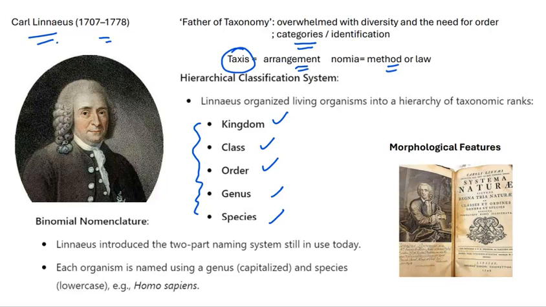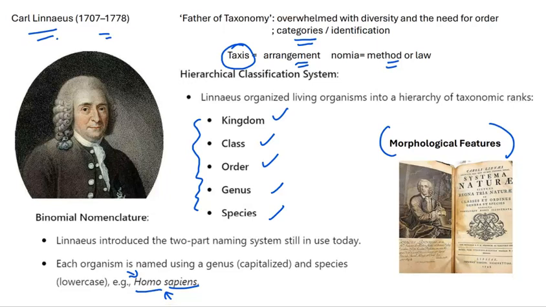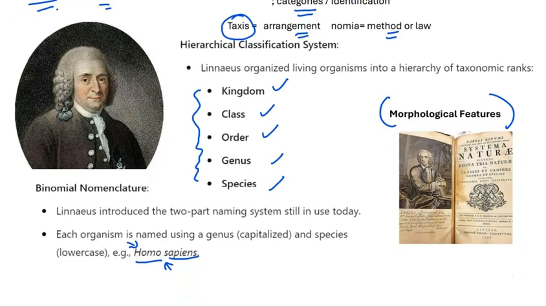And of course, you're familiar with the idea that each species has a binomial name, another aspect of Linnaean construction, in which we specify the genus with the uppercase letter and the species epithet with the lowercase letter. So this is ours, of course, Homo sapiens, and this is all based on the morphological features that Linnaeus was able to observe on the exterior of the organisms.